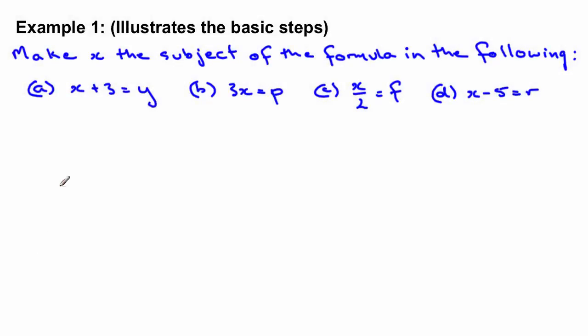In this example, we're going to have a look at the 4 basic operations that apply to most of the changes of the subject of the formula. So in this case, we're going to make x the subject of the formula, and in order to do that, we write down the formula first of all, and then you'll notice that we've got to get rid of the plus 3 in order to have x on its own.